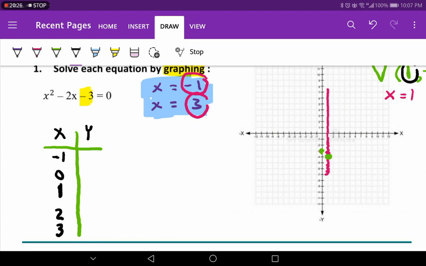Now I will find the values. Okay, let's go. If I put 0, I will get -3.